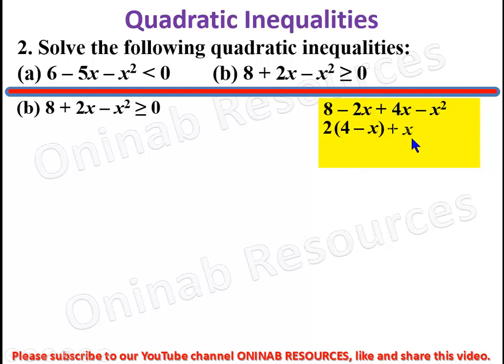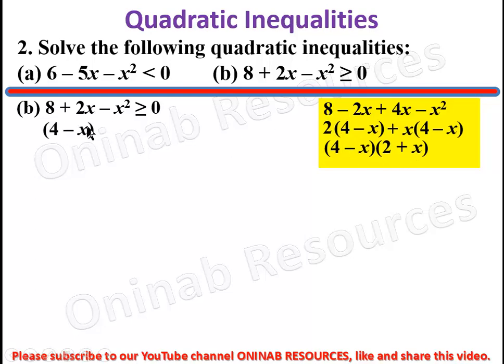So we have plus x: 4x divided by x gives 4, minus x squared divided by x gives negative x. So we have the brackets to be the same, 4 minus x. We bring together what we have outside the two brackets, that's 2 plus x. So we have done justice to the factorization of the quadratic expression here.